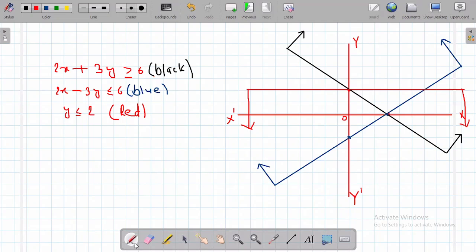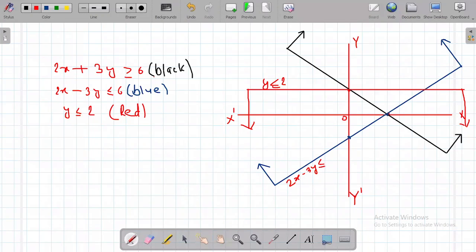So you can write the name also. Okay, let me write. This is y is less than or equal to 2. And this blue one is 2x minus 3y is less than or equal to 6.